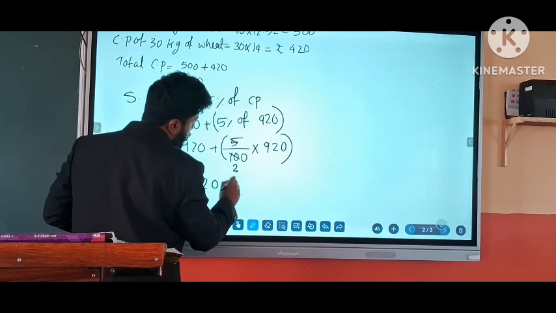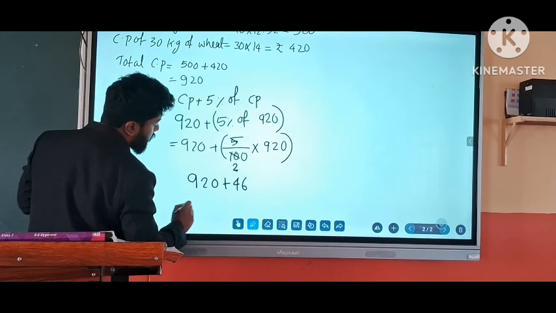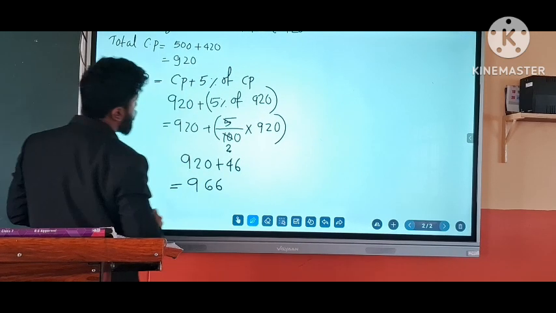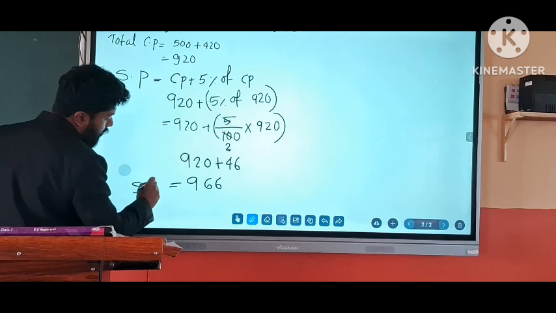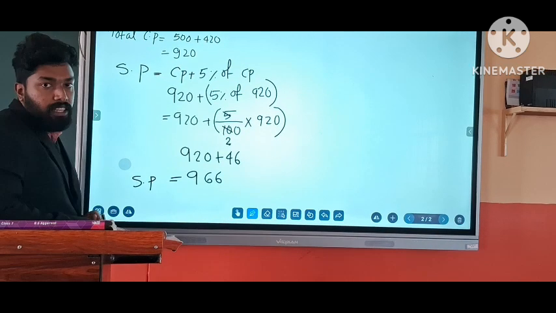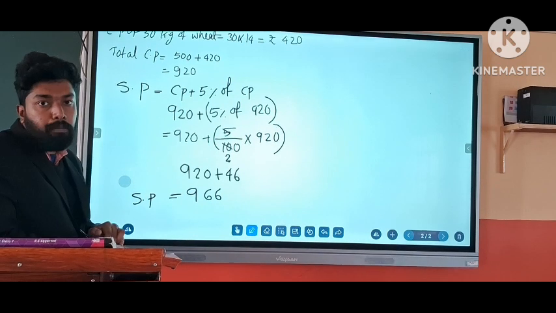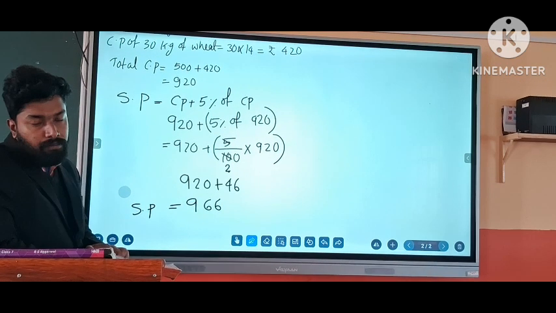So 920 plus 46, then what is the answer? Yes, 966. So what is SP? He wants to sell the wheat at a price of 966. Then only can he make a profit of 5%.